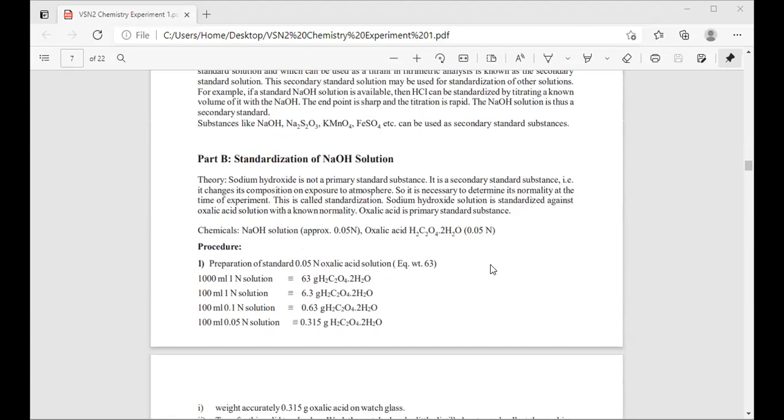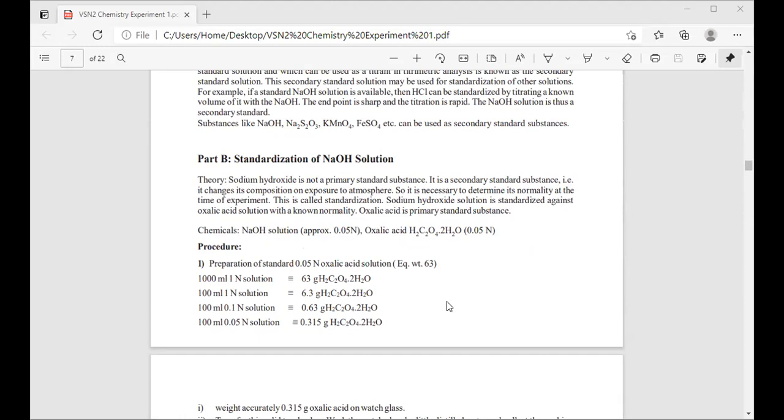There are two types of standardization, primary standardized compound and secondary standardized compound. Oxalic acid, zinc sulfate, even if you prepare it today and use it after 4 days, they do not get decomposed, and therefore they are called primary standard compounds.